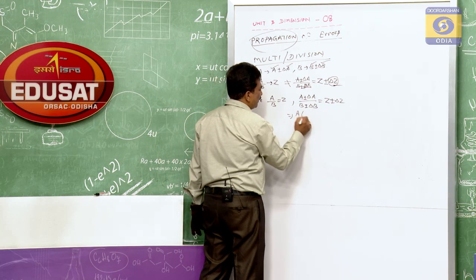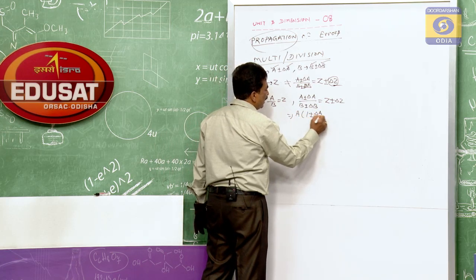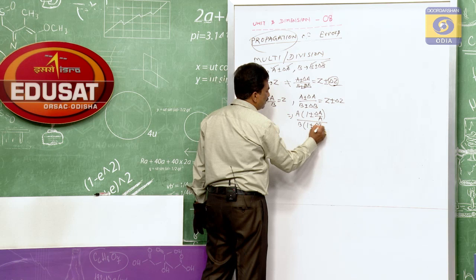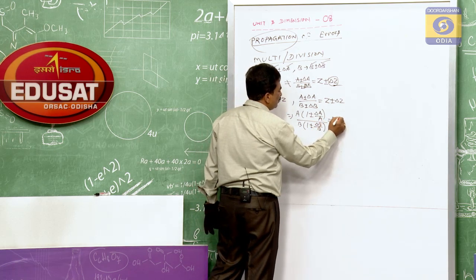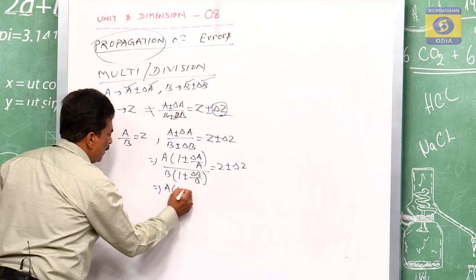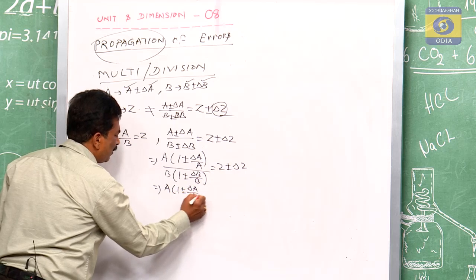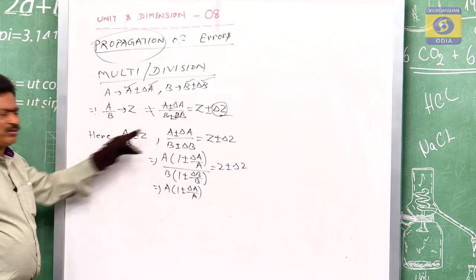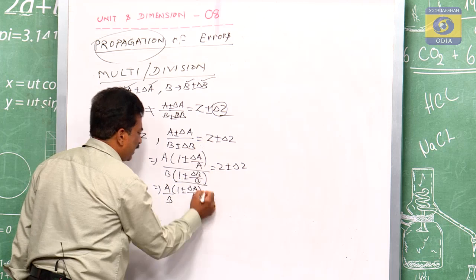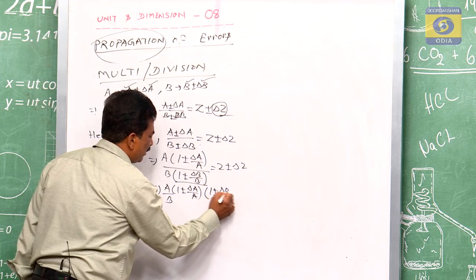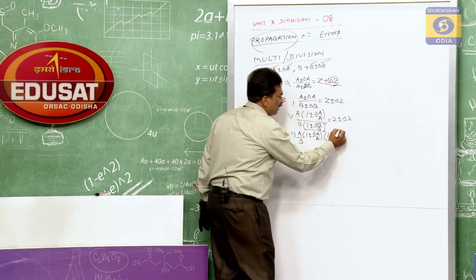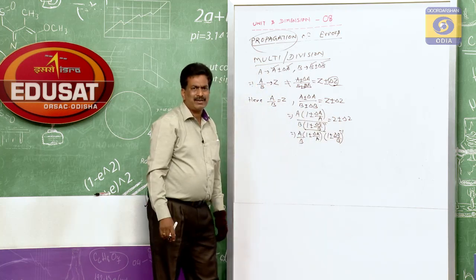Take A common, that is 1 plus or minus del A by A. From the denominator take B common, 1 plus or minus del B by B, is equal to Z plus or minus del Z. So this implies A, 1 plus or minus del A by A, and B will remain as such, by B. This factor I have taken to the upper portion, 1 plus or minus del B by B, though it was here with power 1, when it goes up, that is the power of minus 1.